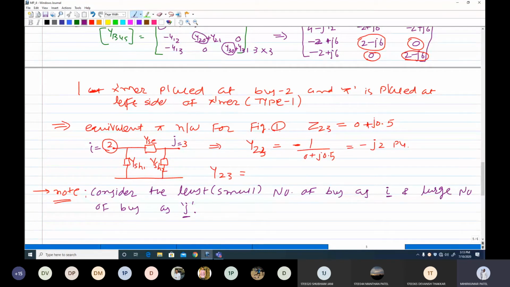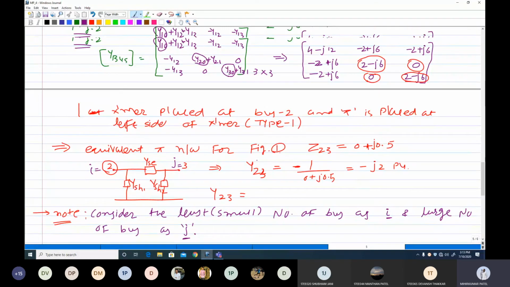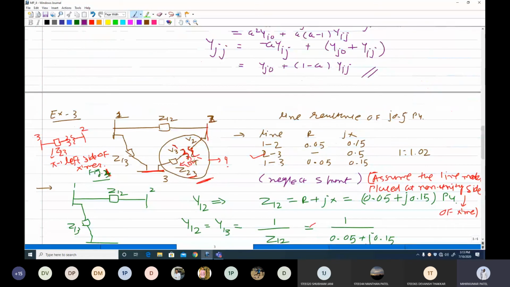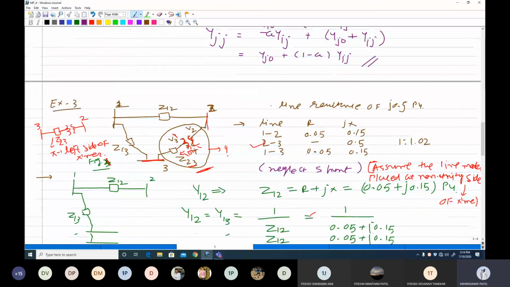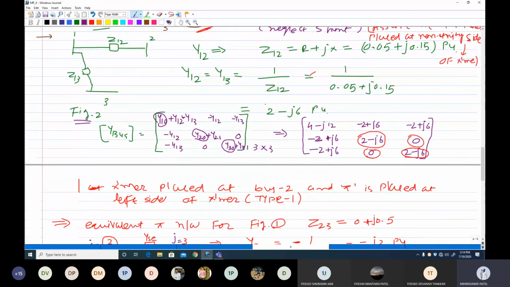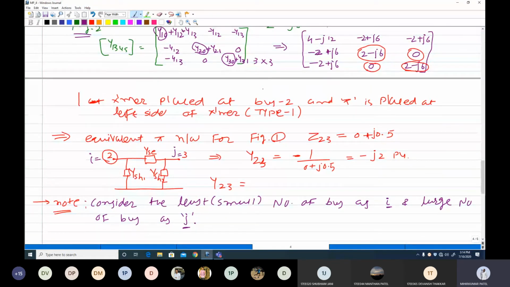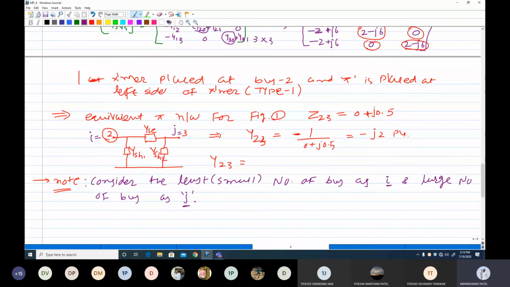Clear? So what is the value of Y23 by looking at this equation? A into Yij. So from your example, what is the value of A? A is equal to 1.02, or we can say transformation ratio.